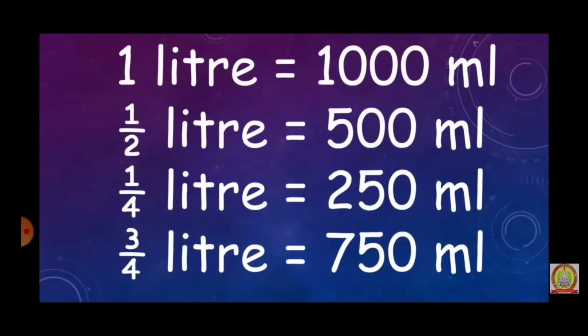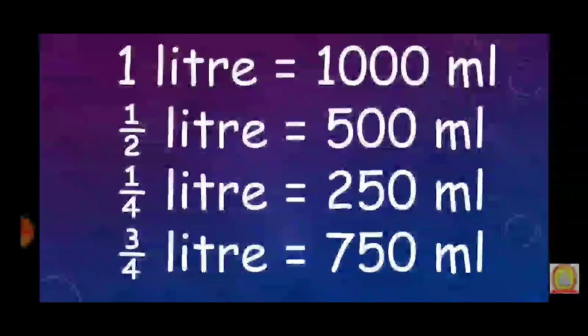So 1 liter is equal to 1000 milliliters. Half liter is equal to 500 milliliters. Quarter liter is equal to 250 milliliters, and 3/4 liter is equal to 750 milliliters.